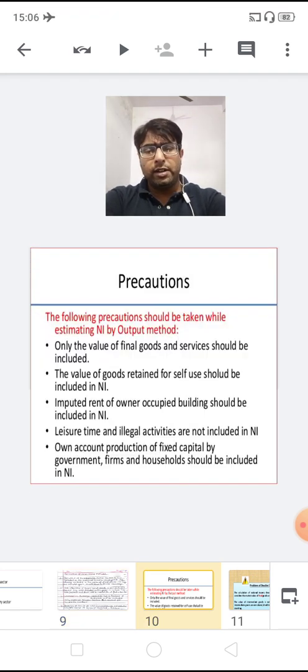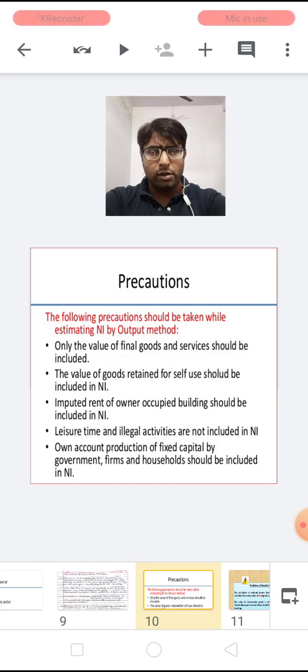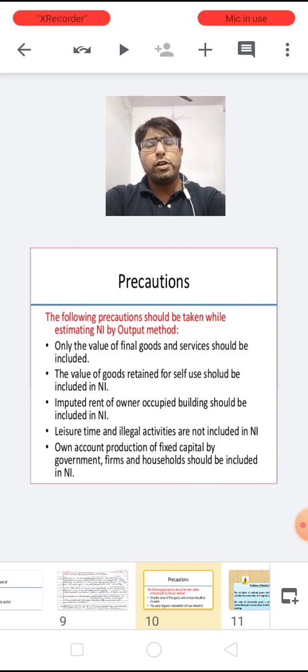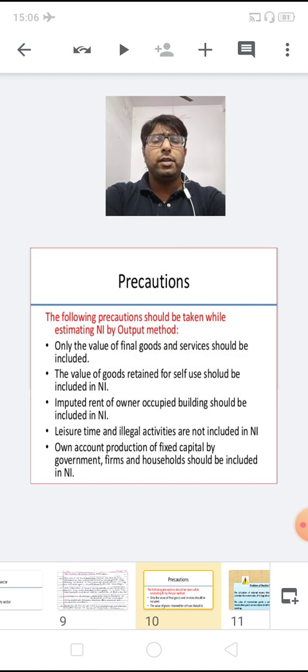With the conclusion, we are going to revise it again. The following precautions should be taken while estimating the national income by the output method. The first is that only the value of final goods and services should be included, because we are not going to include the value of intermediate goods along with the final goods.